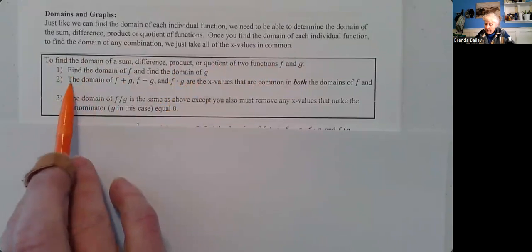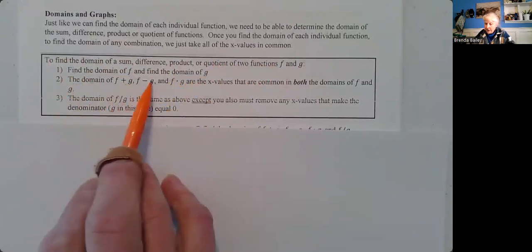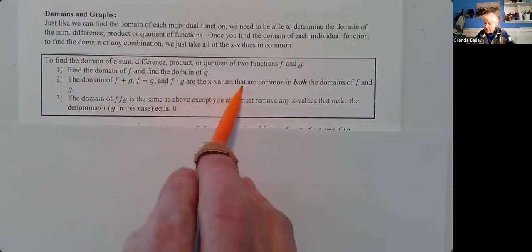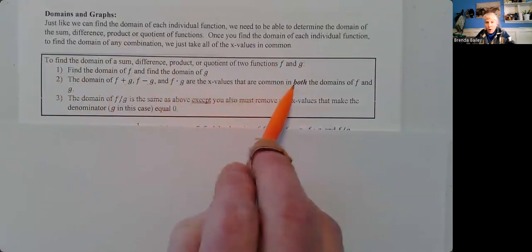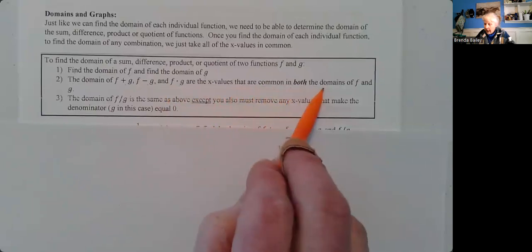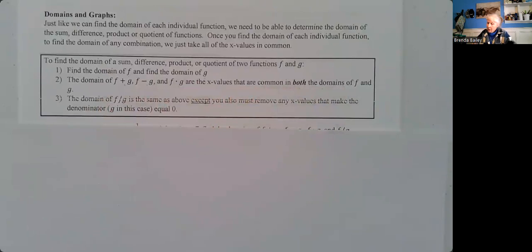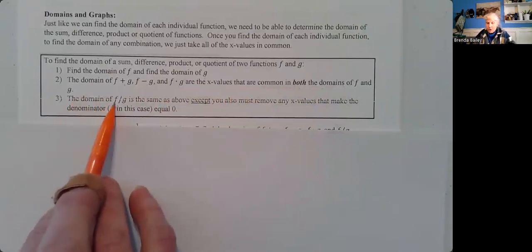Then the domain of f plus g, f minus g, and f times g are the x values that are common in both the domains of f and g. The domain of f over g is special.